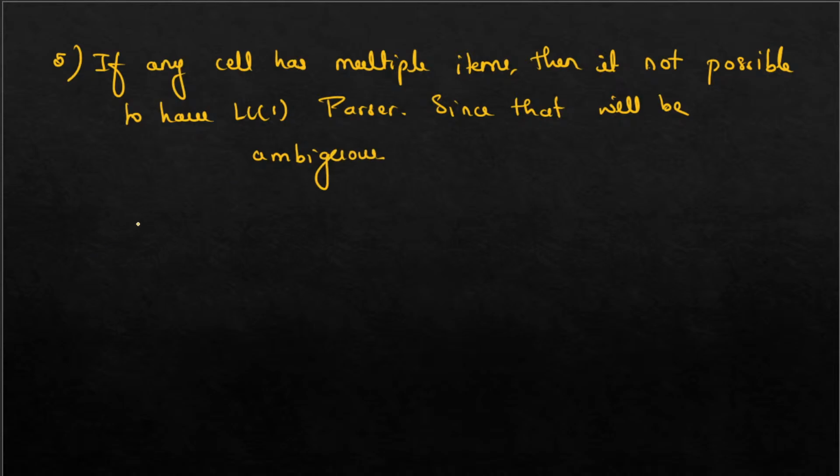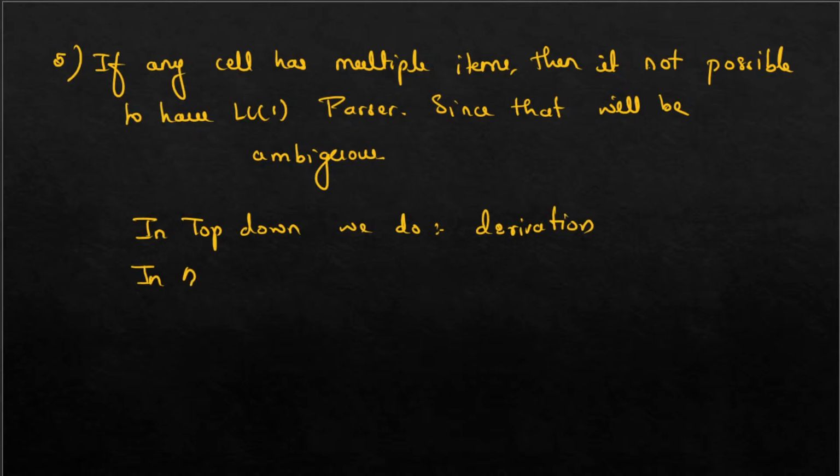All right, so the point you should note: in top down we do derivation, and in bottom up we do reduction. After that, left recursion and left factoring should be absolutely clear to you all.